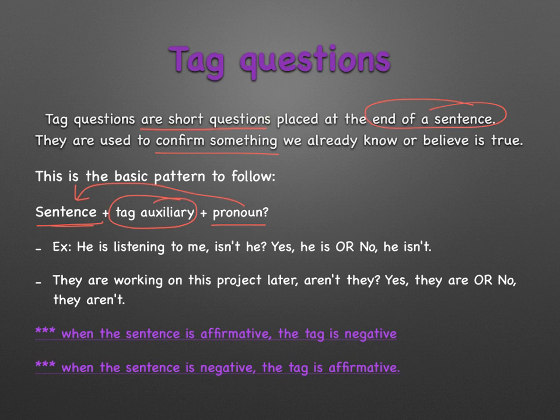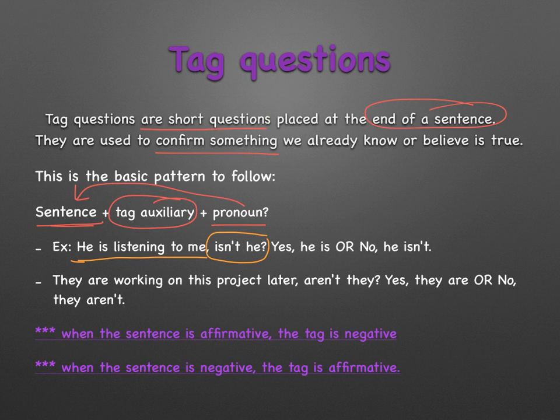So, if I used a subject, such as a proper name, at the beginning of the sentence, I have to change this subject for the pronoun. For example, if I say, he is listening to me, I will add the tag at the end.